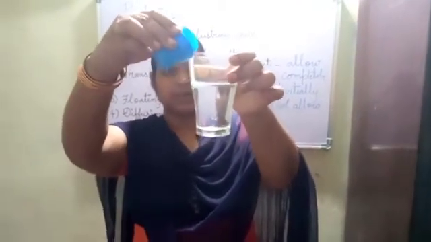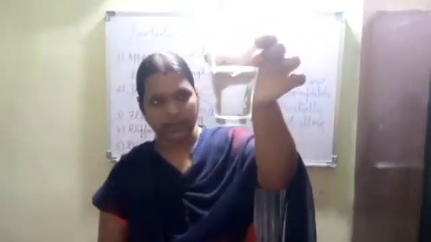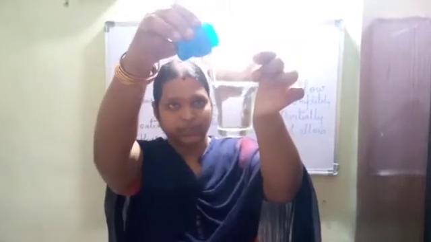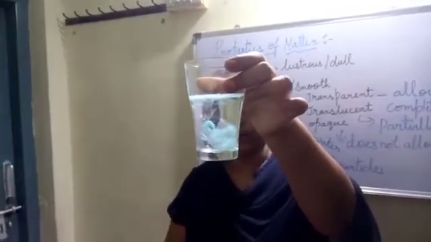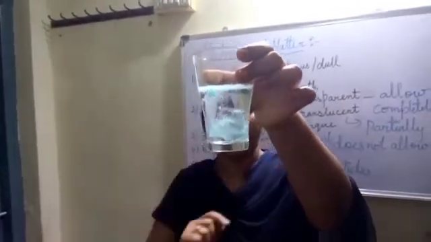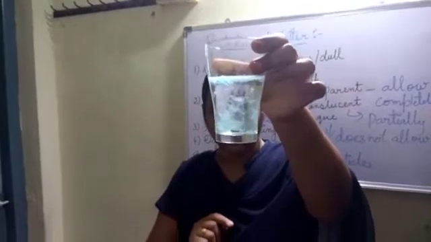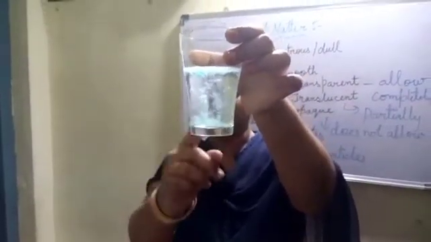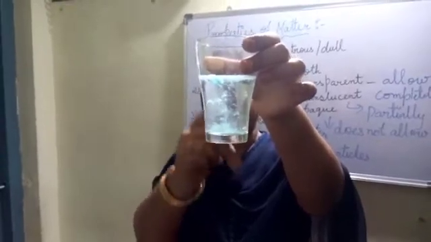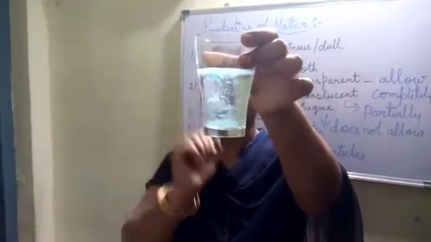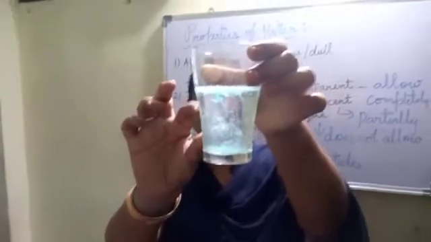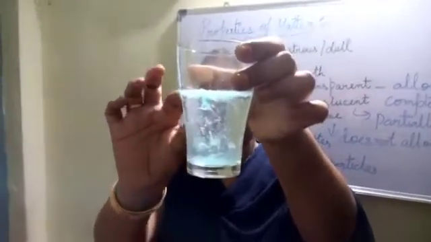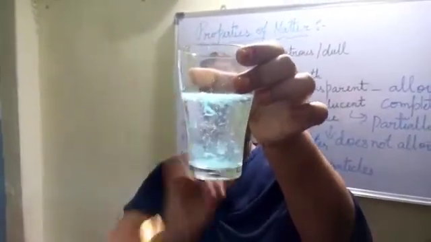Here I have added a little comfort in this, children. This comfort which I have added is a liquid. I put it inside the water. You can see very clearly that the diffusion of the particles is taking place a little slowly. Why? Because the particles are less closely packed.